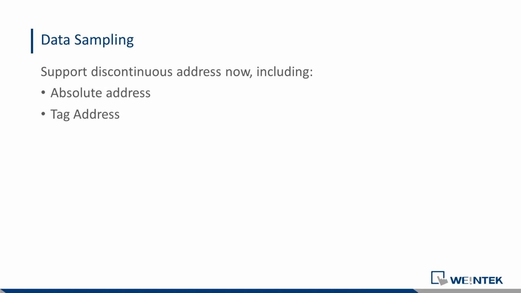You can put different addresses in one data sampling. All right, so you don't need to use a continuous address now. I think this is a great improvement for our old users, right? Because now you can just sample the addresses you need.